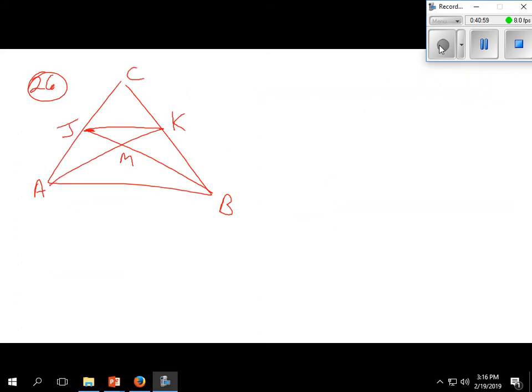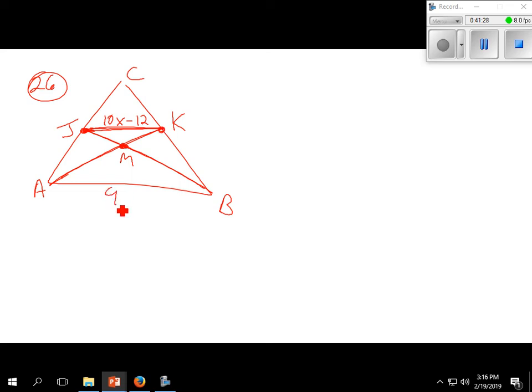All right, on problem 26, they tell us that segment JK is 10x minus 12. So that's that segment. They tell us that this segment and this segment are medians. So that means that M is a centroid, and if those are medians, that tells us that JK is a mid-segment.